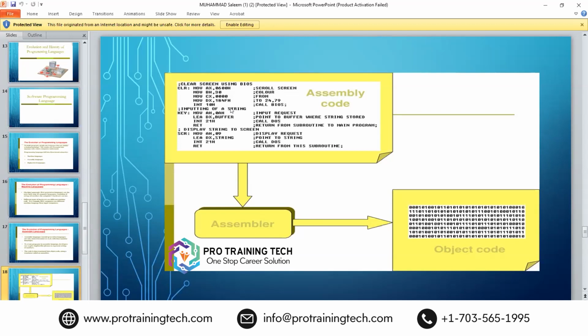Guys, let me tell you one thing here. You don't need to remember anything. I'm just giving you all this information to build your background and basics, and to tell you why programming languages are important and what their history was, how much scientists have worked to make the computer work for every human being.